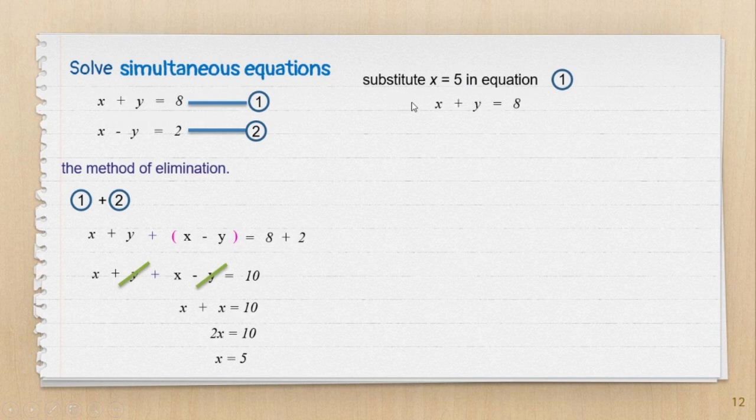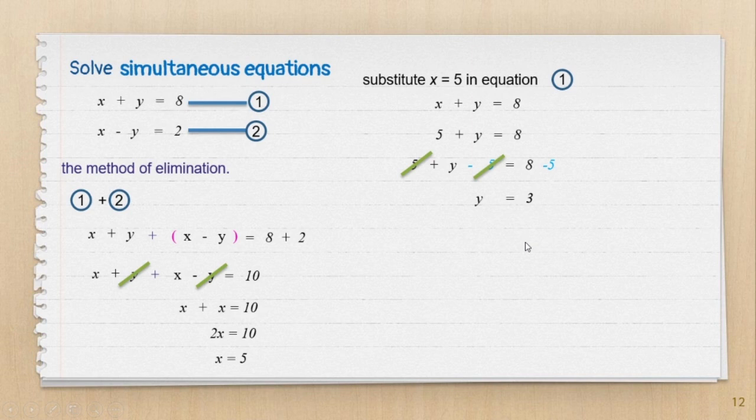This is equation 1, then substitute 5. This is a linear equation again. Try to solve this. You can do like this and like this, and finally we get y equals 3.